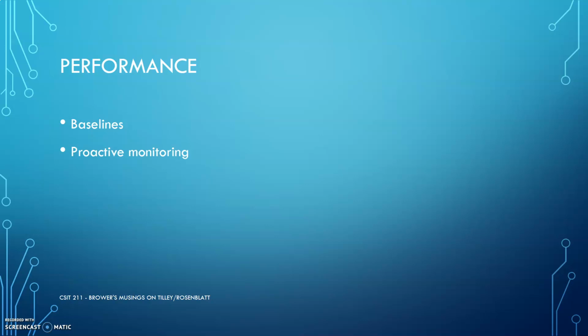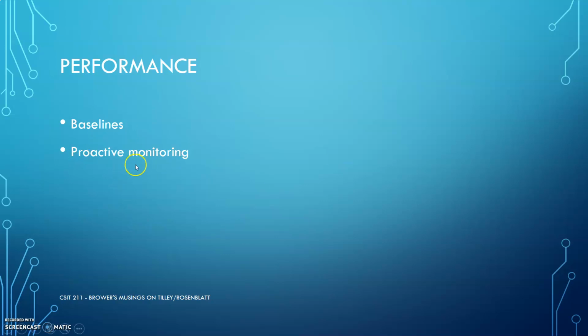In terms of when a system is developed, benchmarks should have been created in terms of how the system is performing at that point. And whoever the system administrator is, they should be on a regular basis running reports to see how the system is performing based on what it should be.